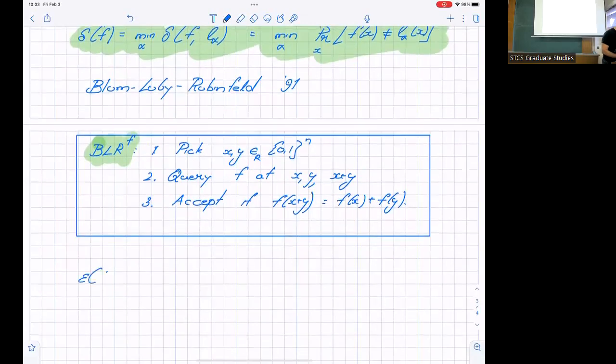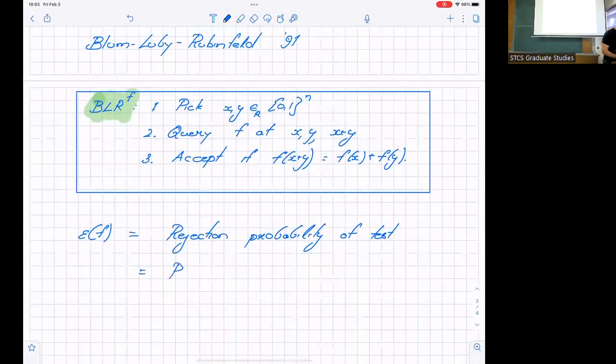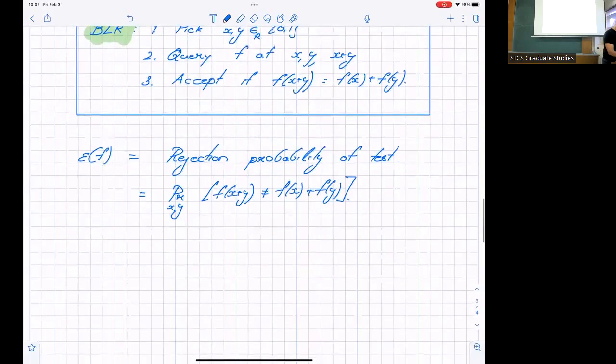So let's define epsilon f as the rejection probability of the test. This is the probability, if you pick a random x, y, that f of x plus y is not equal to f of x plus f of y.